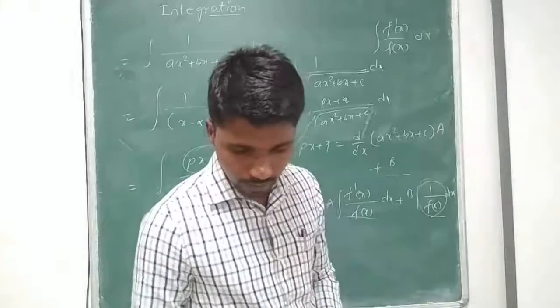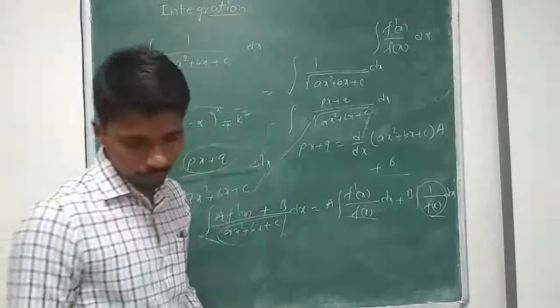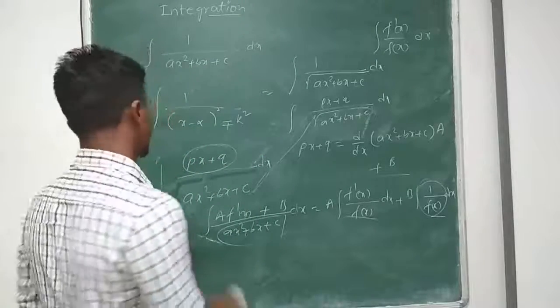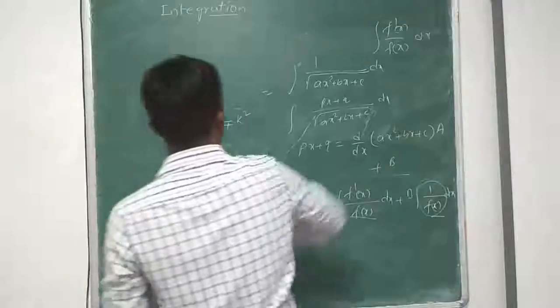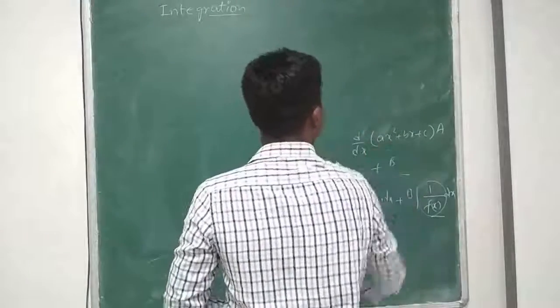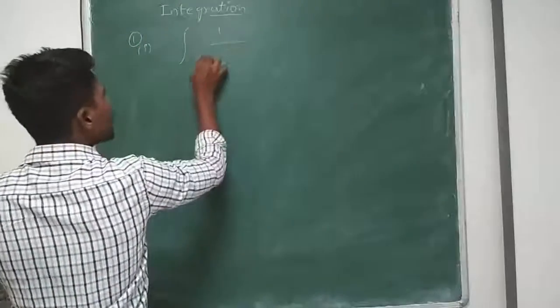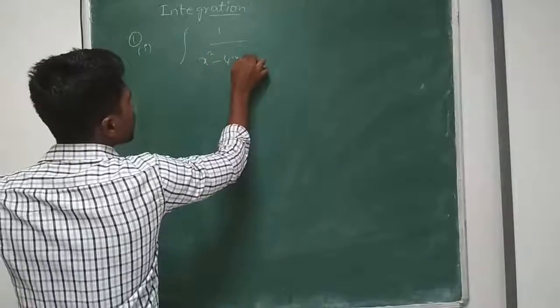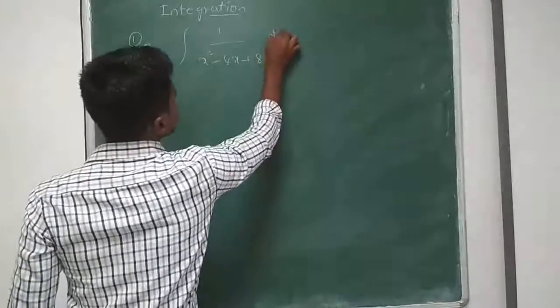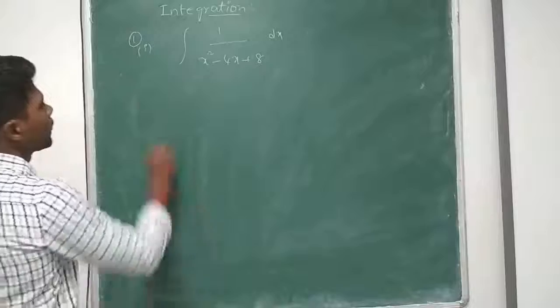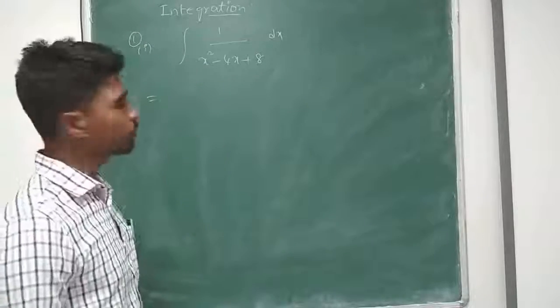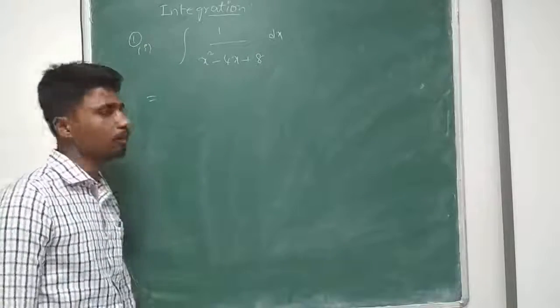Integral 1 by x square minus 4x plus 8 dx. The coefficient of x square is 1, so no need to bother.